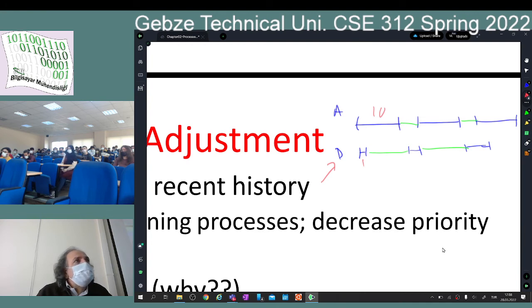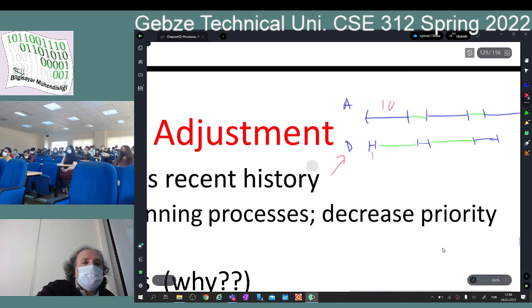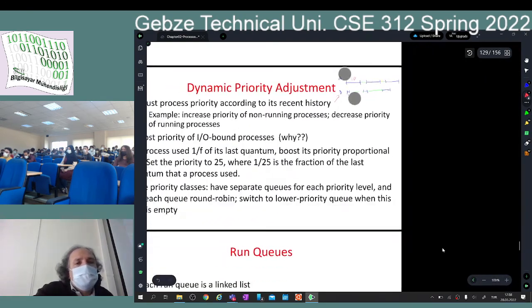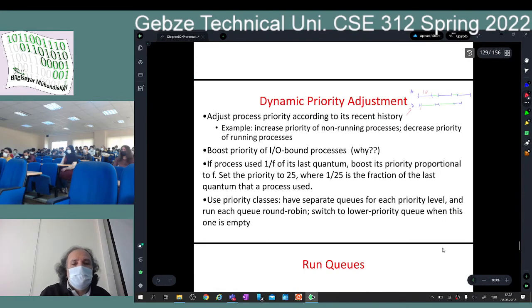So with priority scheduling, I address the problem of fairness between the processes.